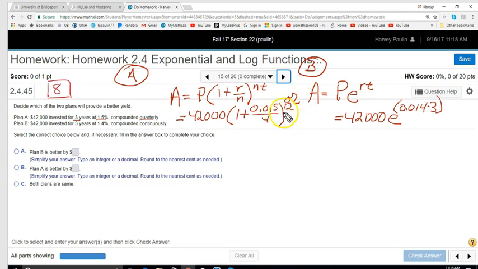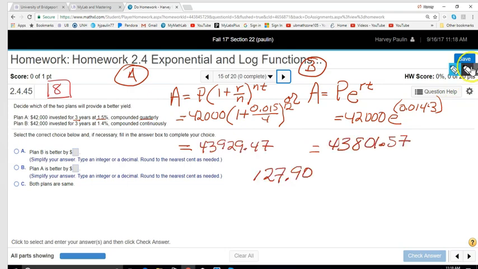Just wanted to show you where it came from. And then for continuous interest, we have the 42,000 times Euler's E, and then caret interest rate in decimal form 0.013 times 3. And if you put that all in the calculator, that shouldn't be a problem. Now let's see what the results are when you do this.